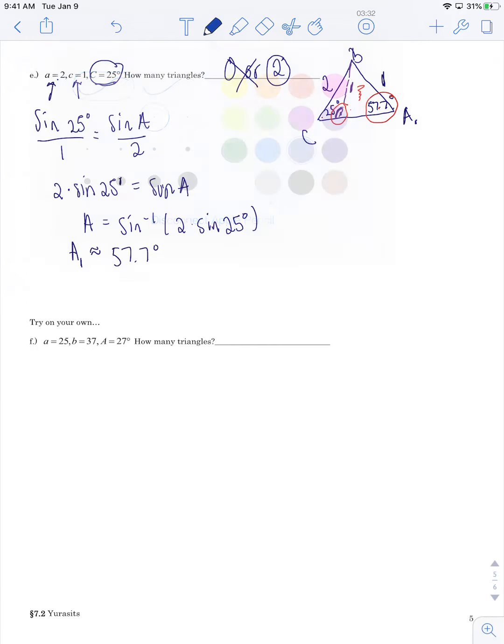So, going back here, my A sub 2 then, because of that reasoning of it being supplementary, which means it adds up to 180, is 180 take away the first angle you found.